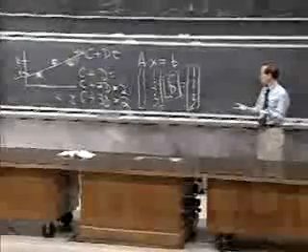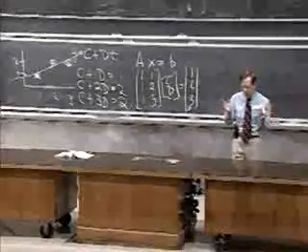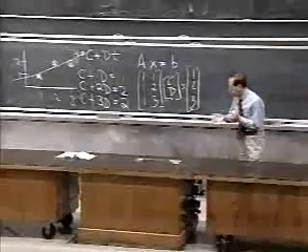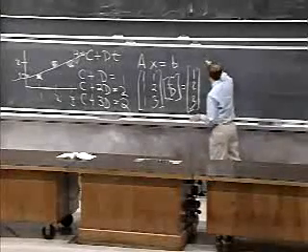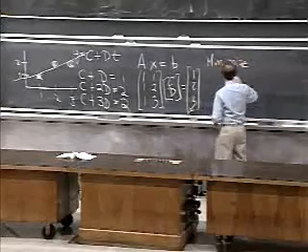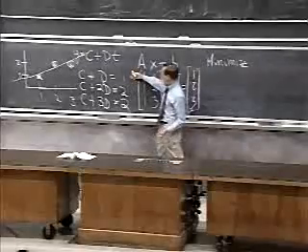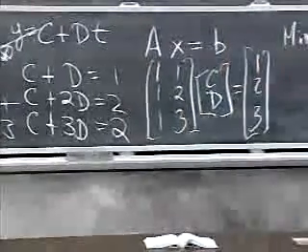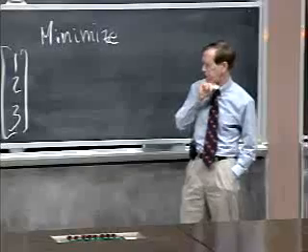So best possible, what would best possible mean? The way that comes out to linear equations is I want to minimize the sum of these. I'm going to make an error here. I'm going to make an error here. I'm going to make an error there. And I'm going to square and add up those errors.